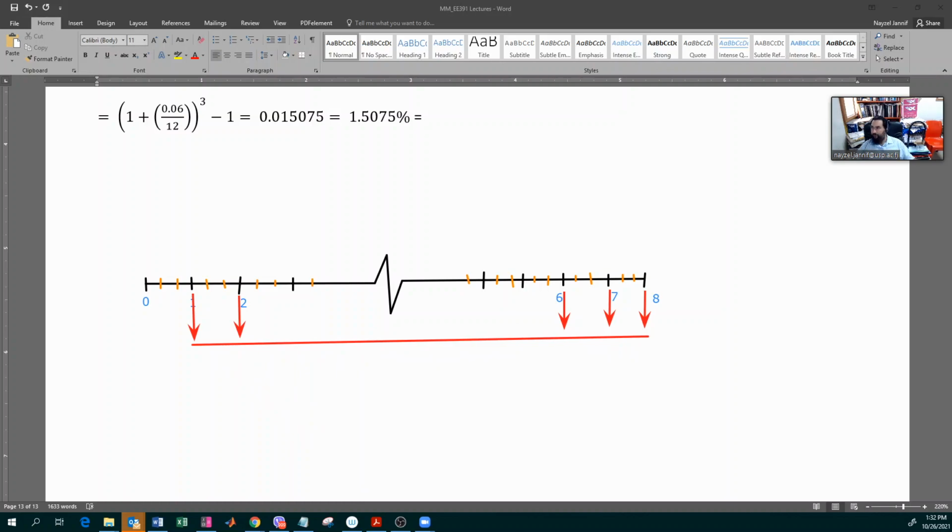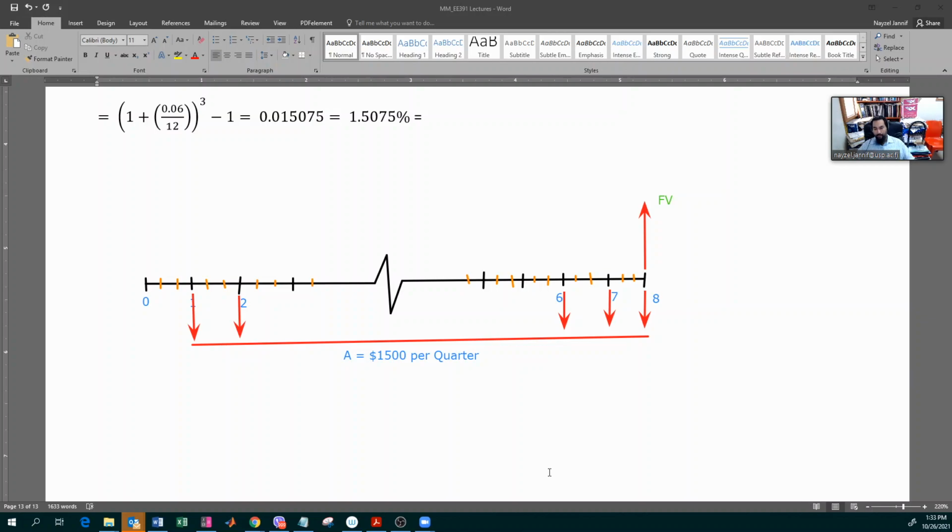Our annuity is equal to 1,500 per quarter, right? 1,500 per quarter, not per month, sorry. And we would like to retrieve a future value in 8 quarters time.